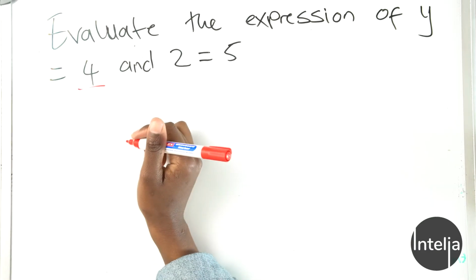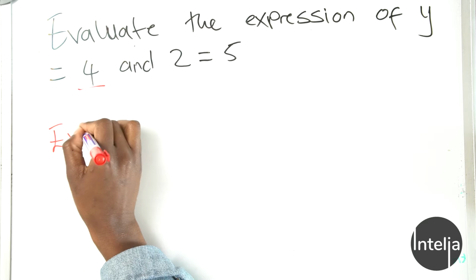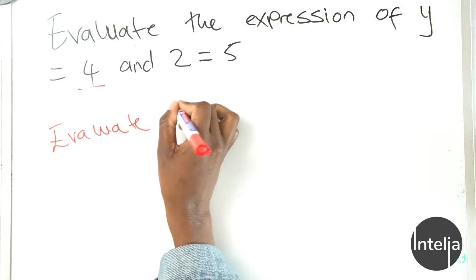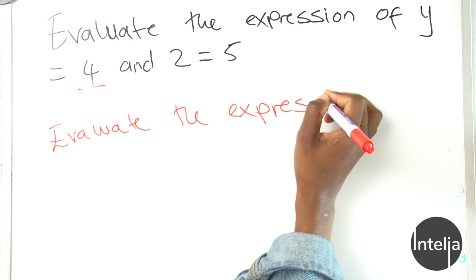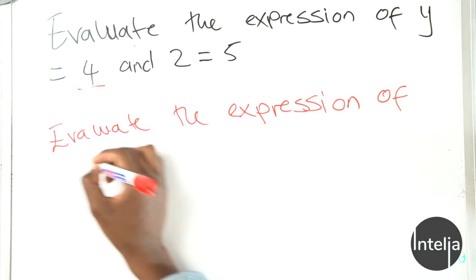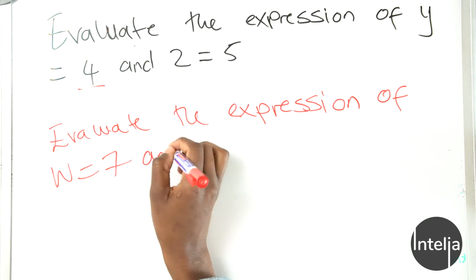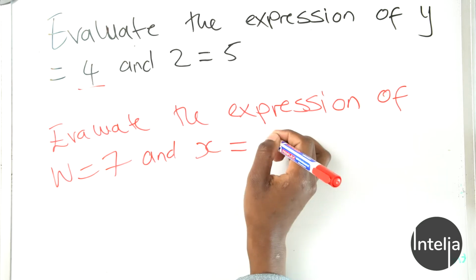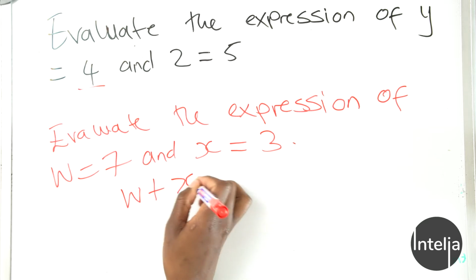You do the same if you are given another example, like evaluate the expression of w is equal to 7 and x is equal to 3, and then it says w plus x.